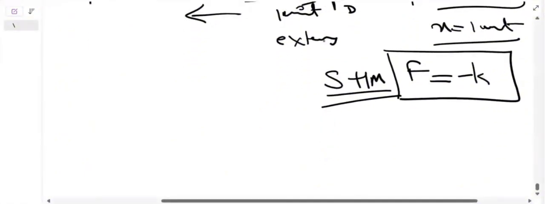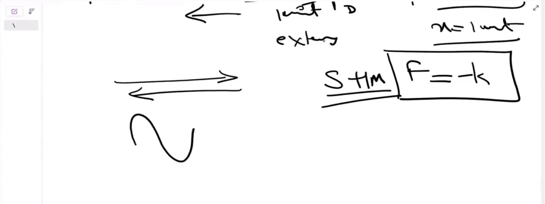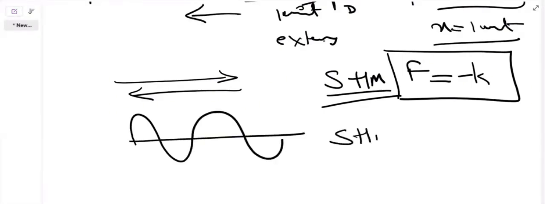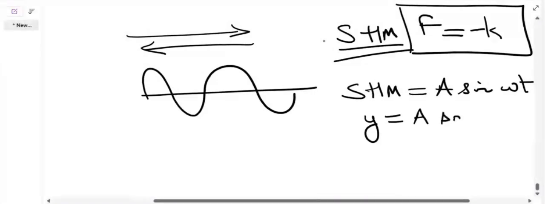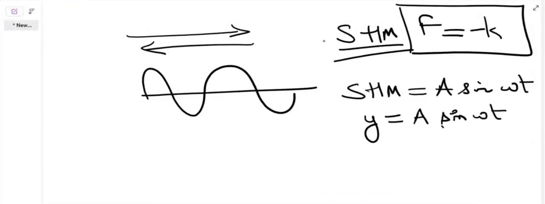Now, when it is moving forward and coming back, it will be performing a wave equation, and that wave equation is given as the SHM equation, which is nothing but y equals A sine omega t. So the displacement of the wave at a given time is given by A sine omega t, where omega t is your phase angle.